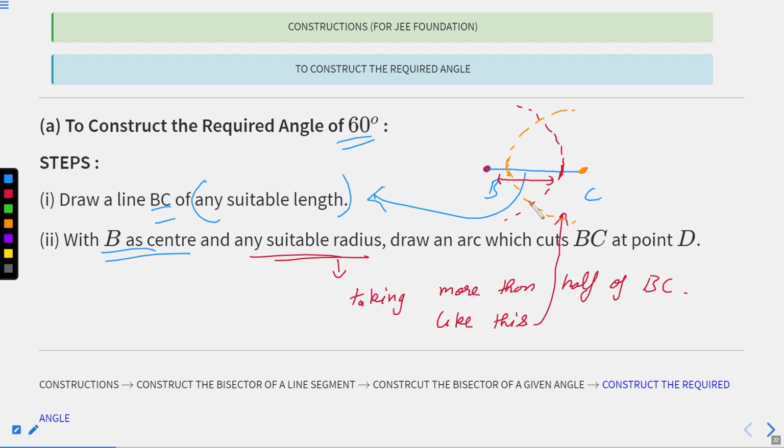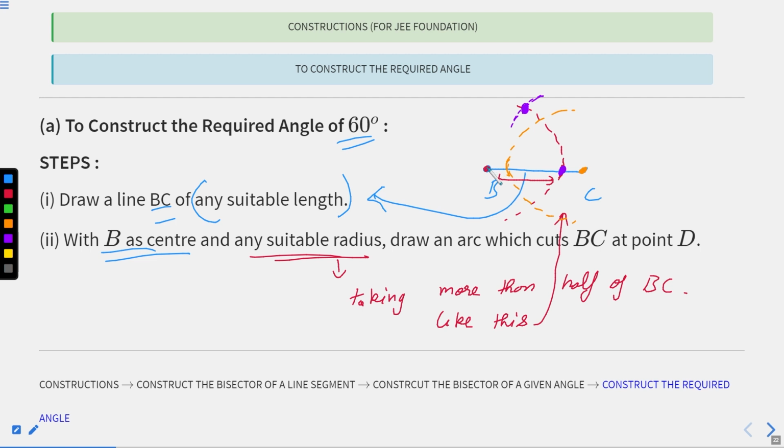Now with the same radius, taking this intersection point as the center, I mark another arc which cuts the red arc which I drew at first, and this intersection point will give my 60-degree angle.